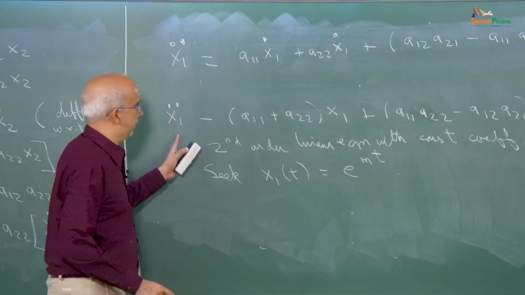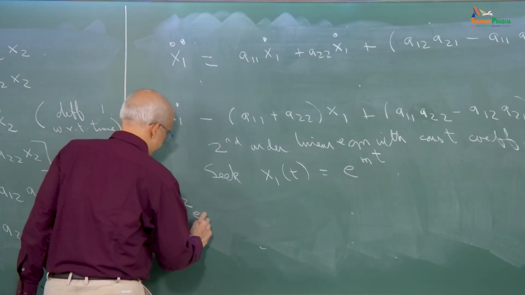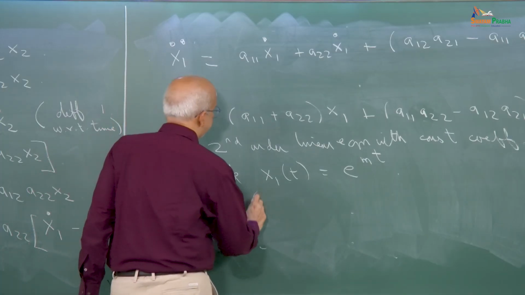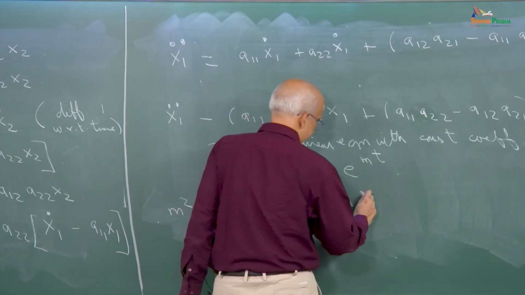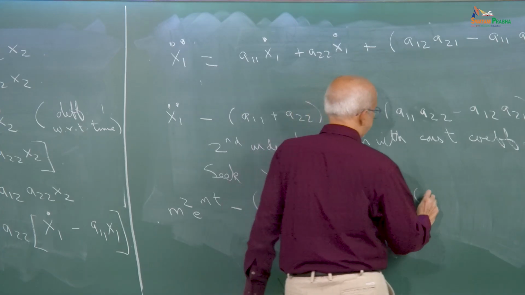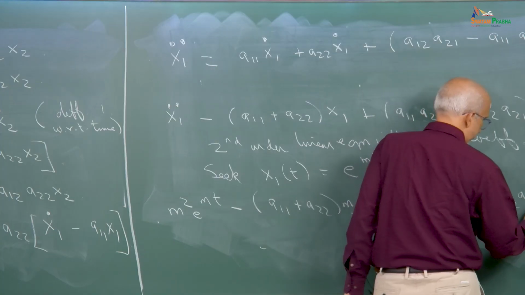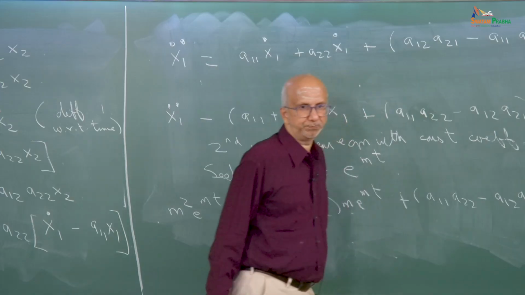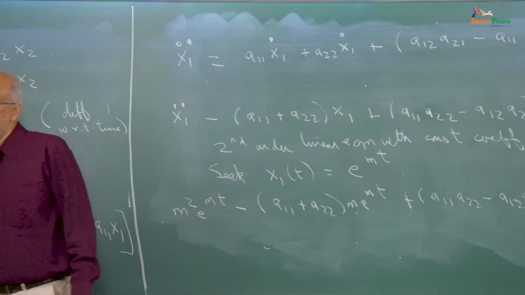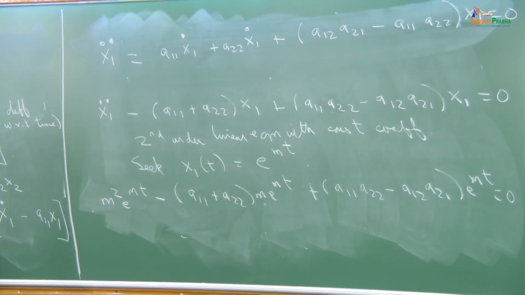You differentiate this 2 times, you get m squared, minus, differentiate this once, you get, plus, equals zero. E power mt cannot be 0, that means you are looking at the 0 solution. So, you want this equation to be satisfied and e power mt is not 0.